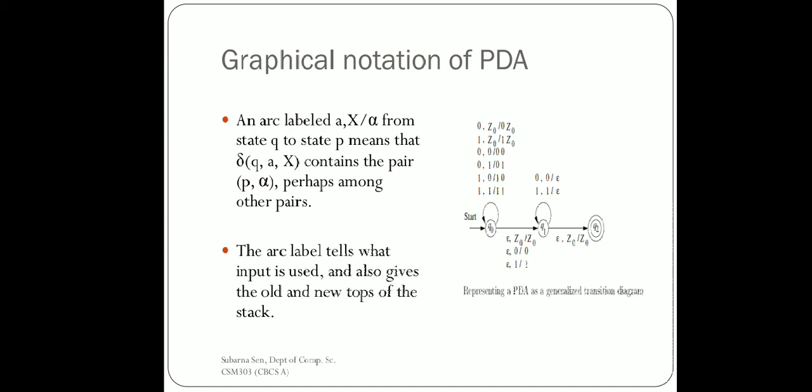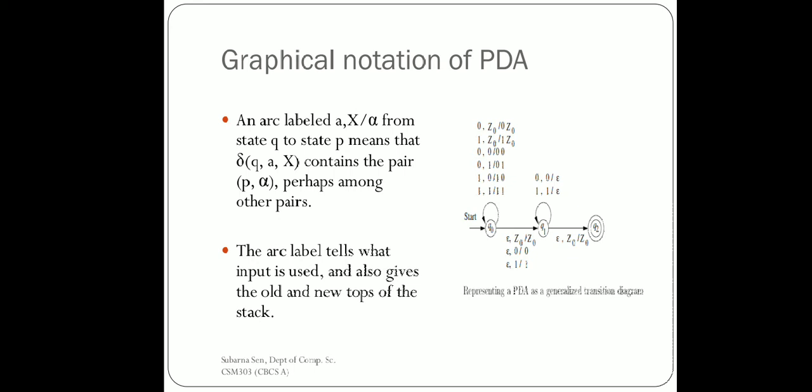We have seen that Z0 indicates the empty stack, or to denote the initial condition of the stack we will use Z0. Then alpha will correspond to 0 Z0, means the current content of the stack will be Z0, and above it we will push 0. So the current content will be Z0, above it 0. Fine, so the meaning is clear.